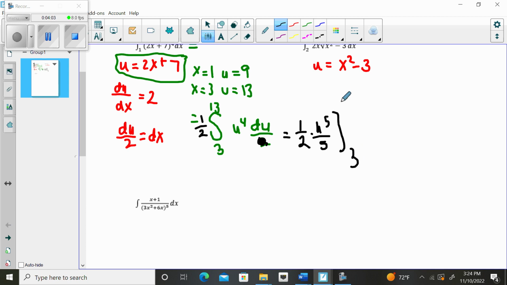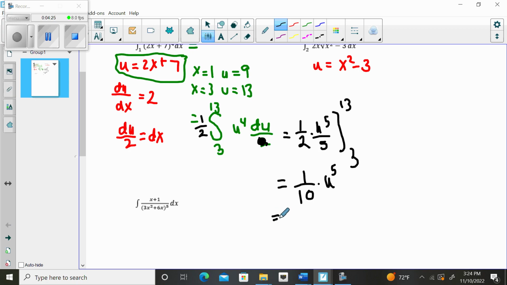And directions always say that leaving answers in exponential form and as the sum or difference of two fractions is acceptable. Okay, so we actually have 1/10 u to the 5th. All right, so plug in.